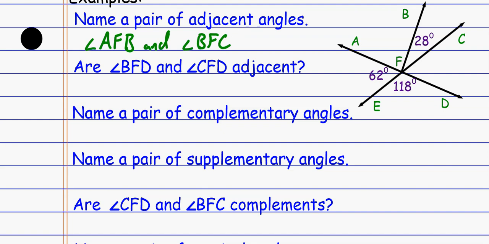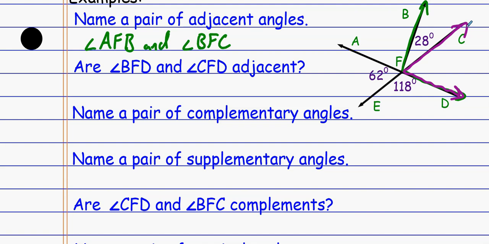Then the next question says, are BFD and CFD adjacent? And so I have to scoot over here and say, okay, BFD would be this one. CFD would be this one. And the question is, are those adjacent angles? At first glance, you might think, yeah, because they're touching, but one of those angles is inside the other.